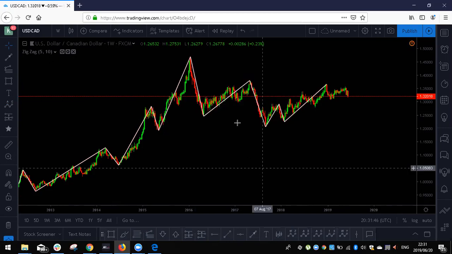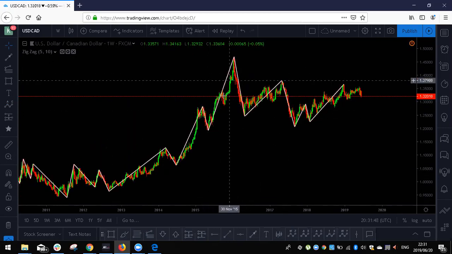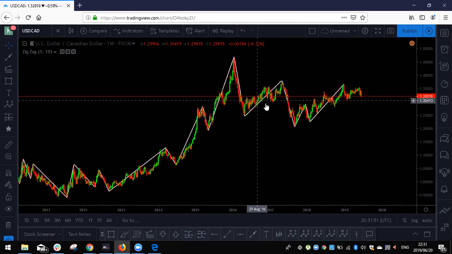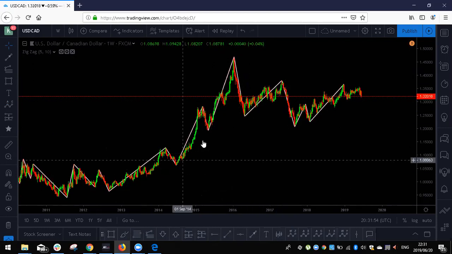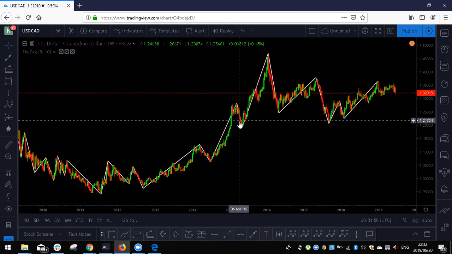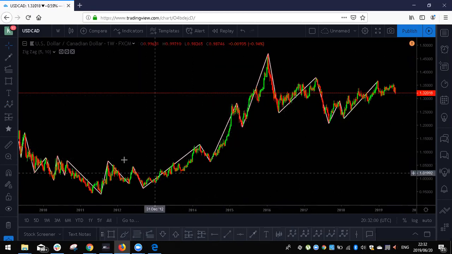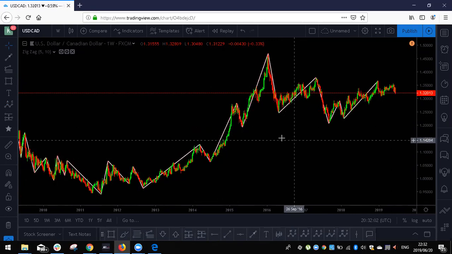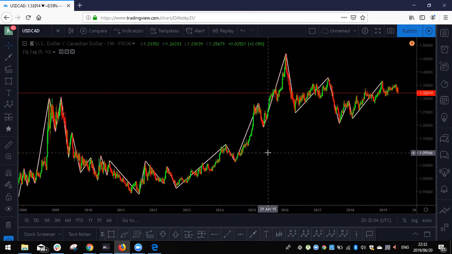Can you see? You're now ignoring all this noise and just focusing on this line, because now it almost looks like the textbook Elliott wave.